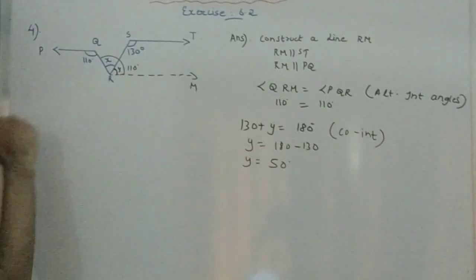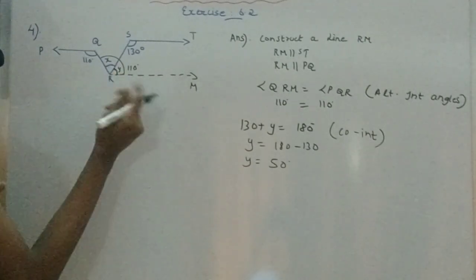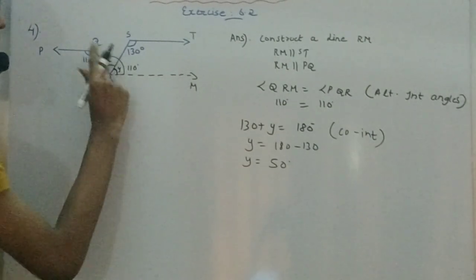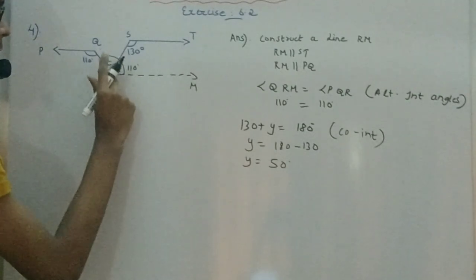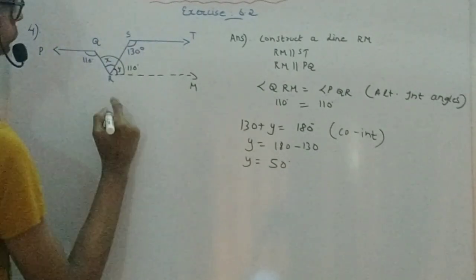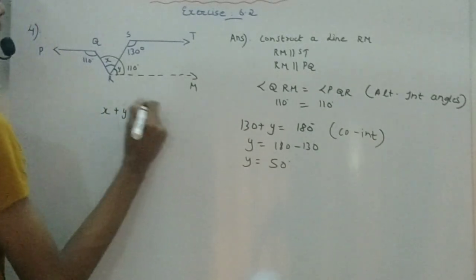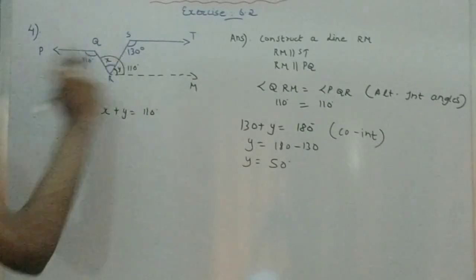Now if you see over here, this full angle is 110. So we know our adjacent angle theorem. If this full angle is 110, then when you add these two individual angles, it should give you the sum 110. So from here I can write x plus y is equal to 110, that is this full angle.